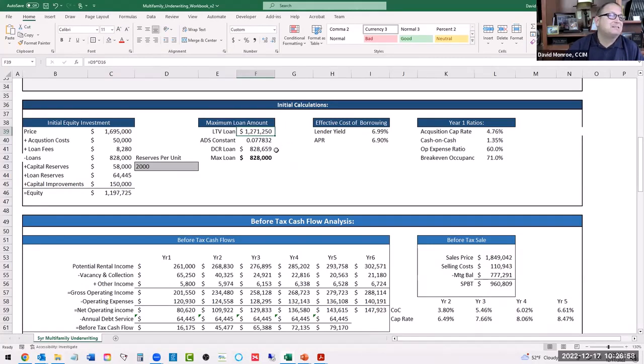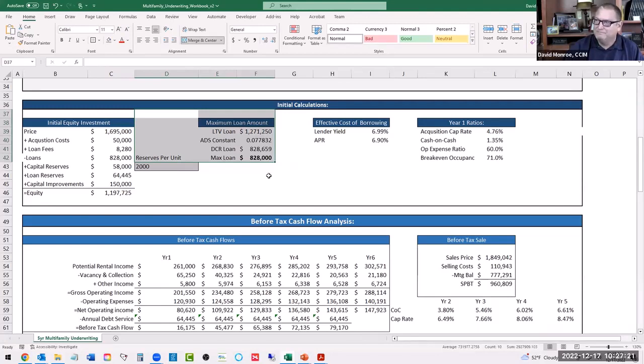But it doesn't. It is capped off at a 1.25 debt service coverage ratio, which means my maximum loan amount is only $828,659.